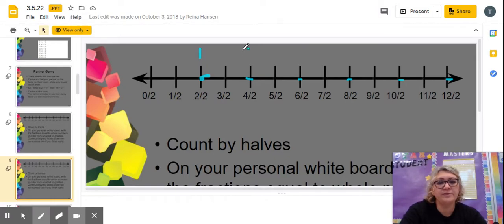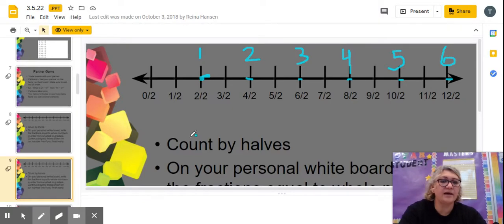Okay, so 4 divided by 2 equals 2. 6 divided by 2 equals 3. 8 divided by 2 equals 4. 10 divided by 2 equals 5. And 12 divided by 2 equals 6.